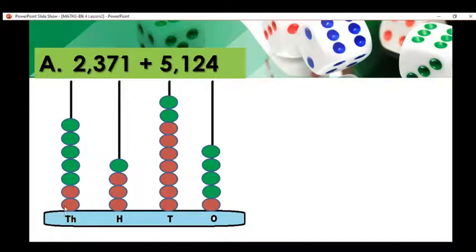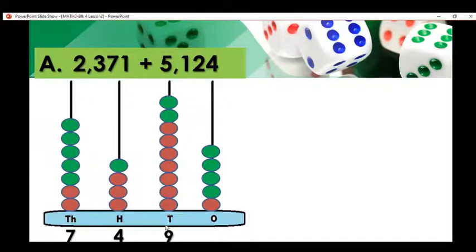Now that we are done drawing the circles that represent our digits on the abacus, we can add them per place value to find our final answer. We'll count in our thousands: 1, 2, 3, 4, 5, 6, 7. So that is 7,000. How many hundreds? 1, 2, 3, 4. So we have 4 hundreds. And the tens: 1, 2, 3, 4, 5, 6, 7, 8, 9.